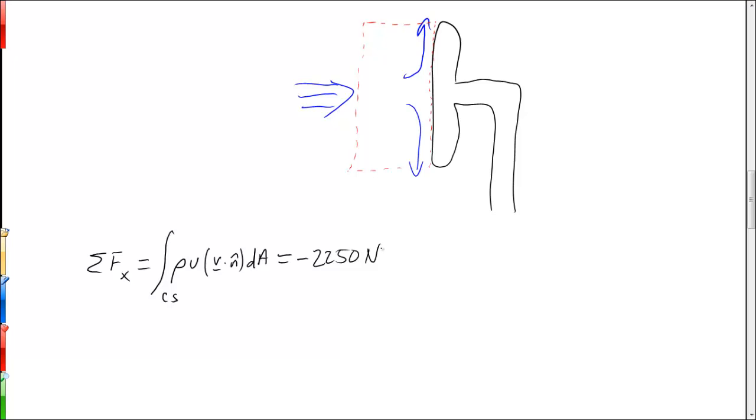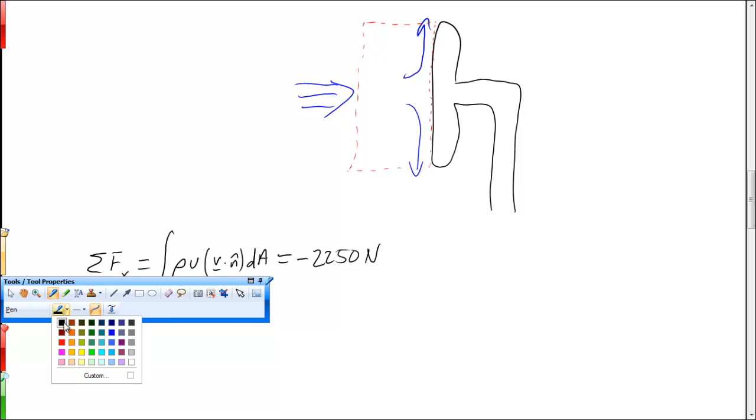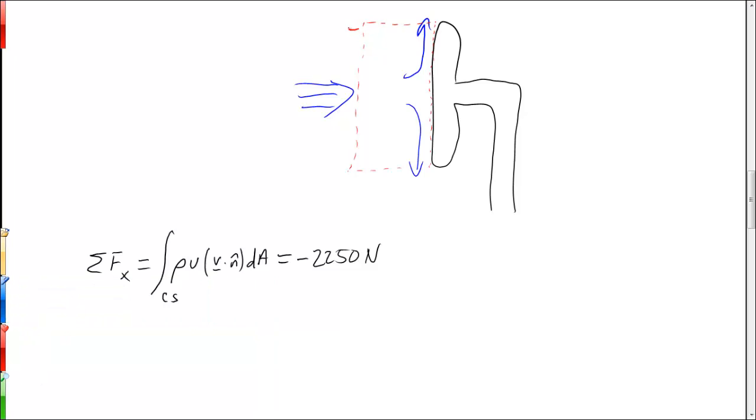The left-hand side is a little bit trickier. And as we alluded to in the previous one, where we had to deal with the atmospheric pressure, here it's actually important, because on the left-hand side of our control volume we have atmospheric pressure, which I'll call P_A. But on the right-hand side, we don't have atmospheric pressure because we're right up against the plate in this particular case.